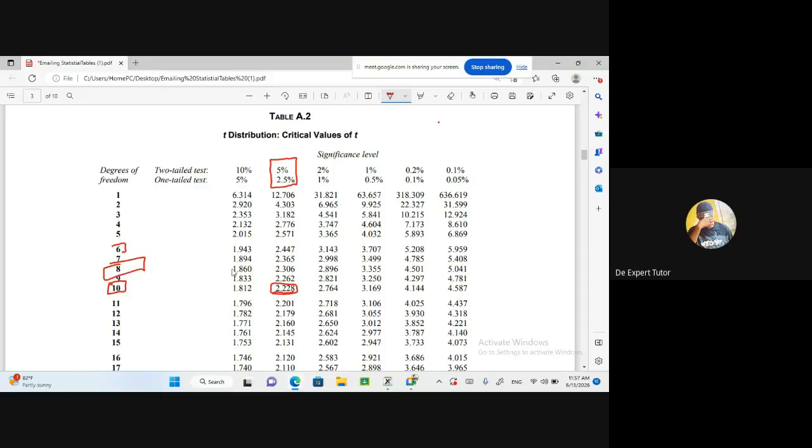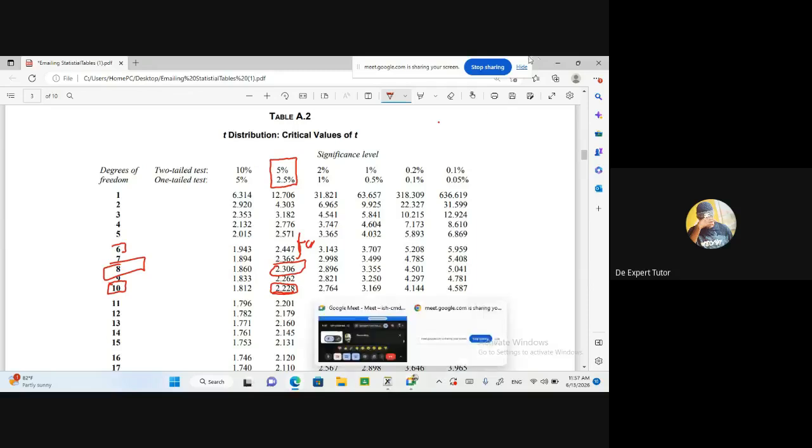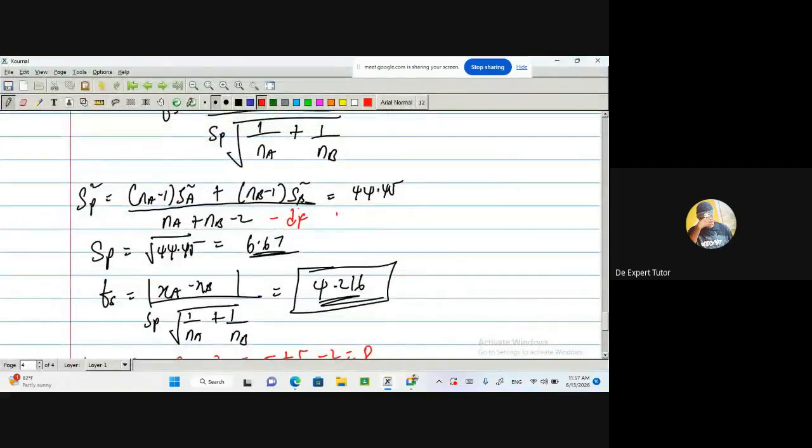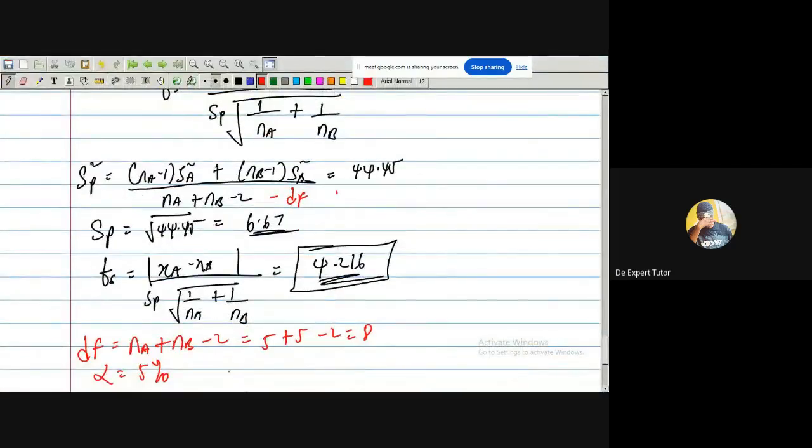What do we have? 2.306. Exactly. These are our critical T. That's 2.306. Nice. So our critical T is plus or minus 2.306.